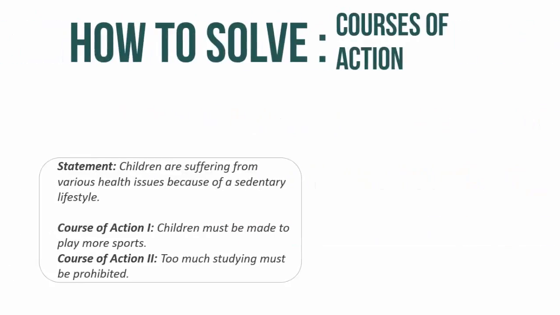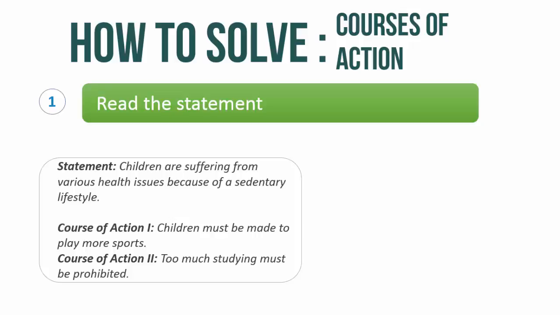Let's understand this with the help of an example. Here we have one statement and two courses of action. Step 1 is to read the statement carefully. The statement says, children are suffering from various health issues because of a sedentary lifestyle. Now, if you don't know what the word sedentary means, it means sitting too much.